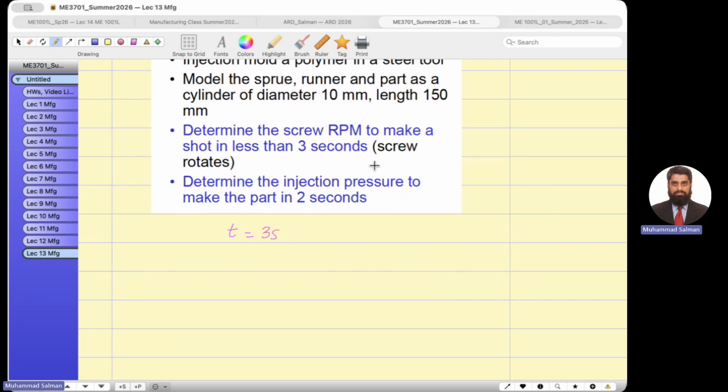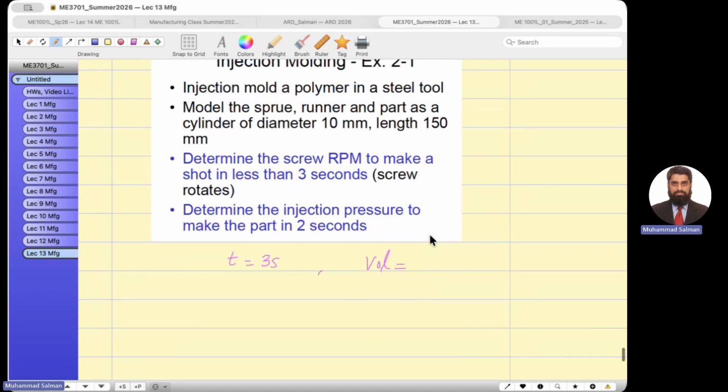3 seconds, and the volume of the shot is how much? Pi r square times the length of the product. Pi r square is 5 millimeter square, and the length is 150.